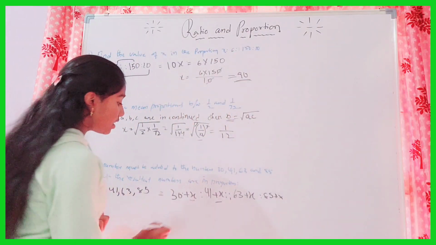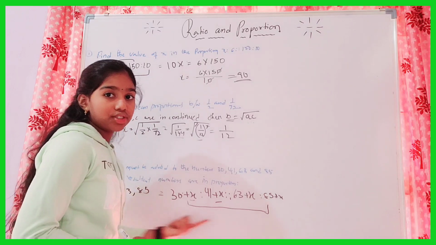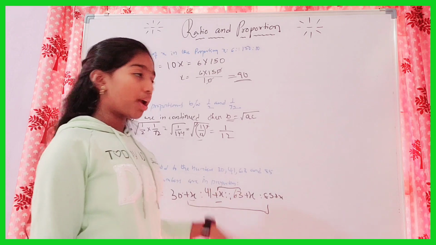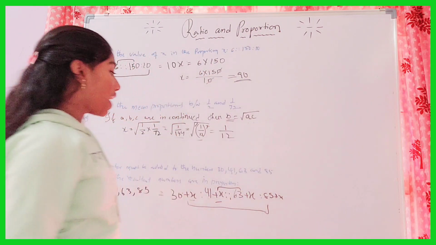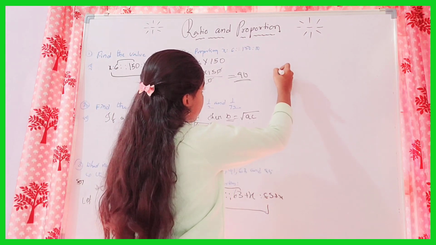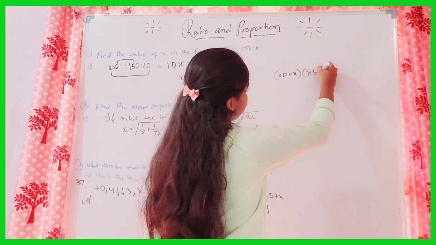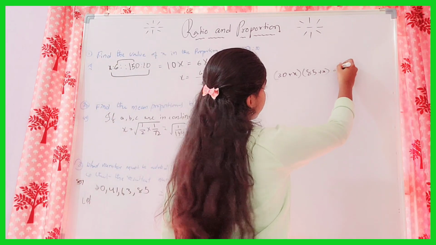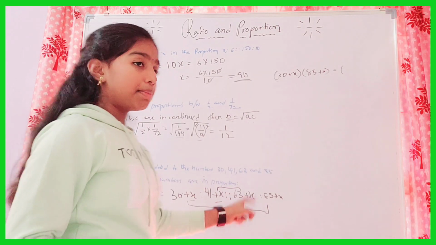Now, the extremes are 30 plus x and 85 plus x. So 30 plus x into 85 plus x is equal to 41 plus x into 63 plus x.